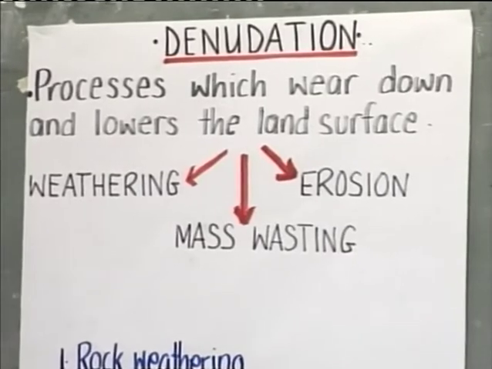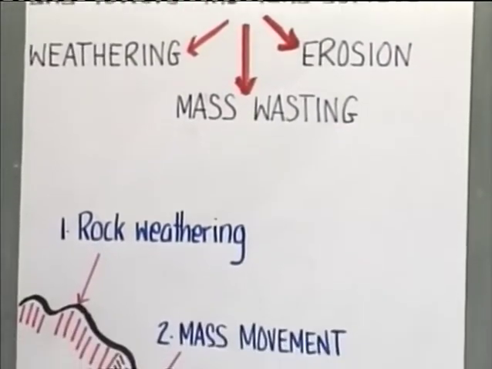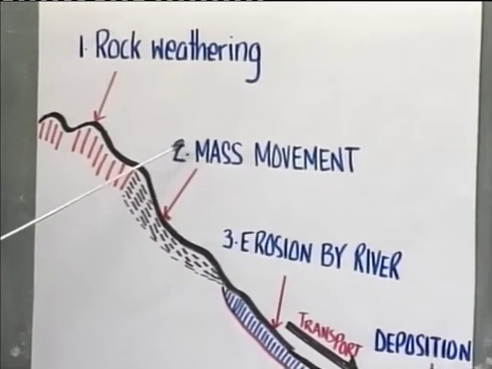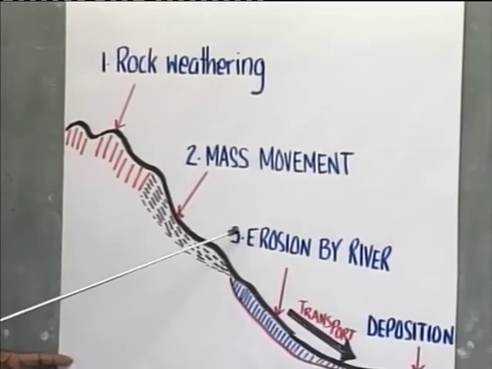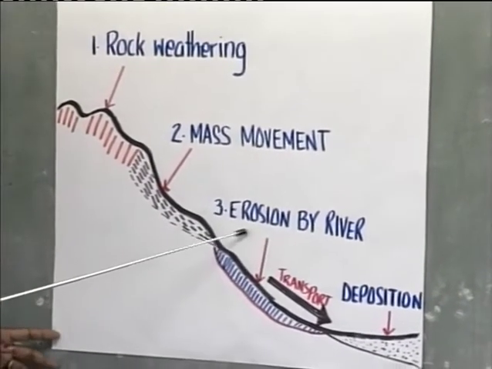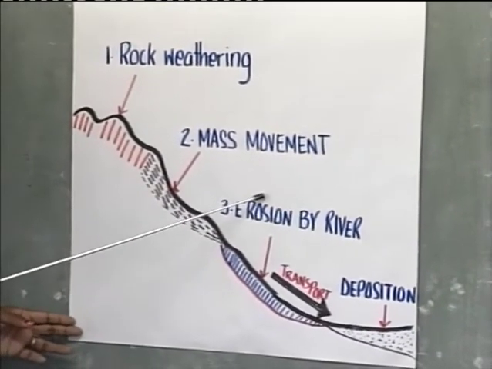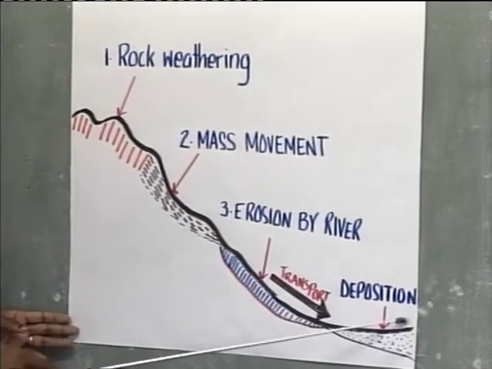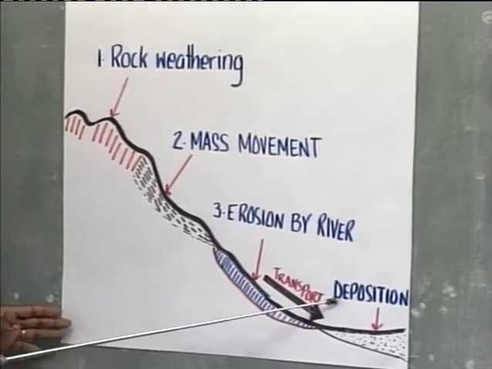Here I have a diagram to show that. Note, number 1, rock weathering. Number 2, mass movement. Number 3, erosion. And in erosion, we know that transportation comes in together with erosion. Finally, we have also from this diagram here, deposition.